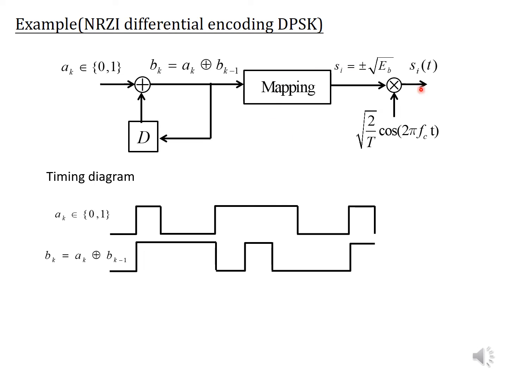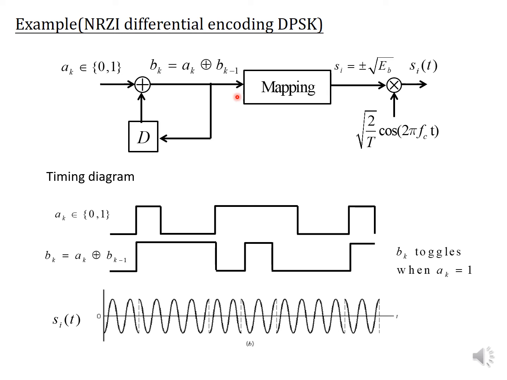So what is really transmitted is BK. The toggling of BK is the message that is transmitted, and we can see that BK has a memory of the previous symbol. BK toggles whenever AK is 1.